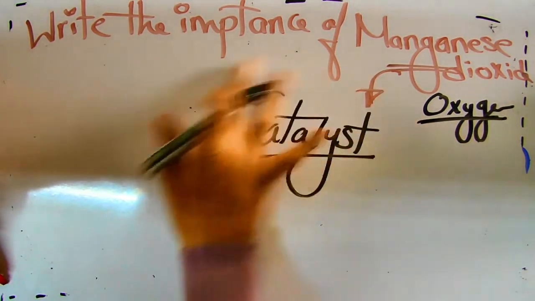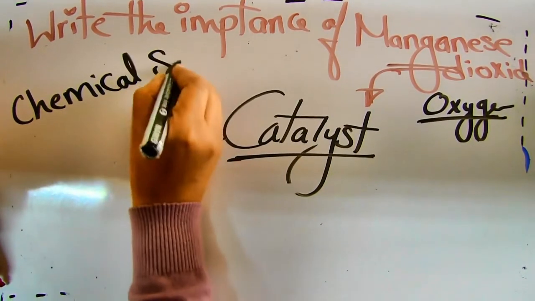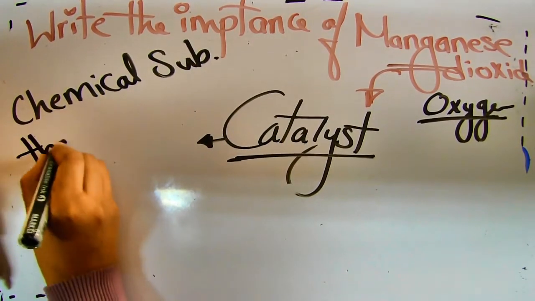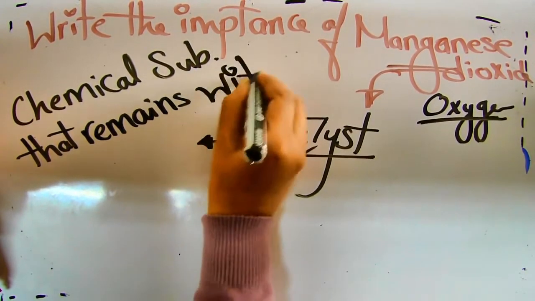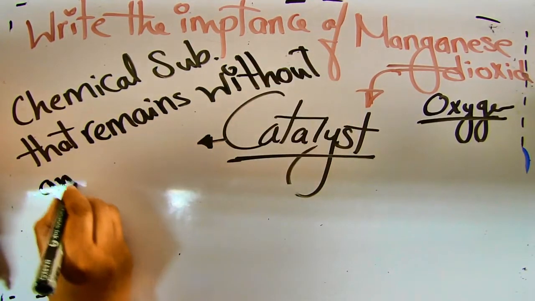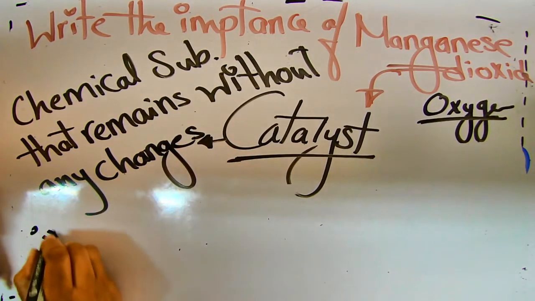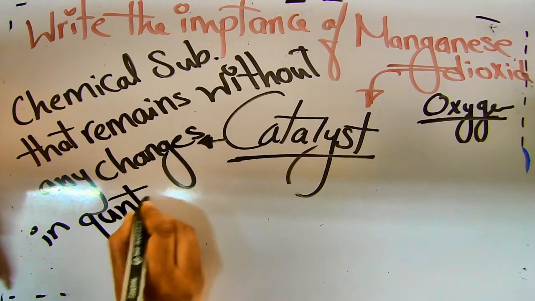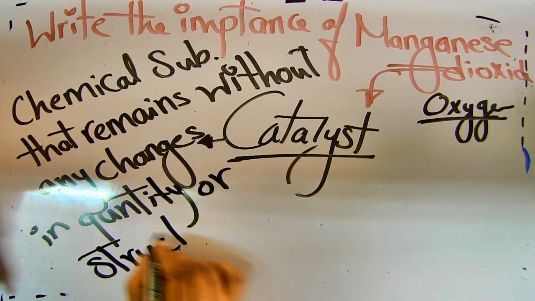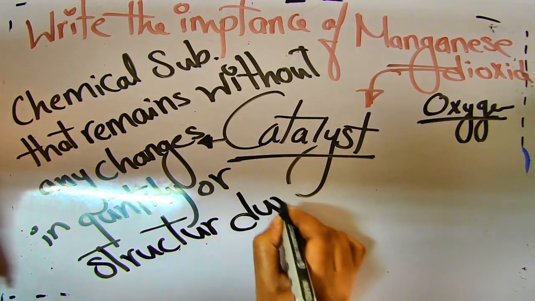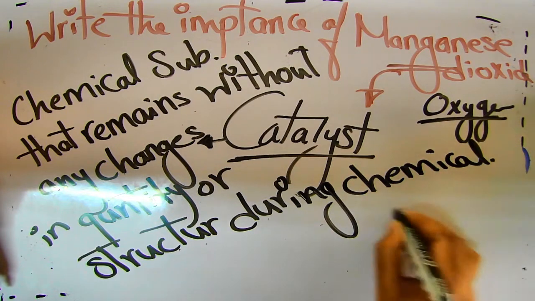What is the meaning of catalyst? Catalyst is any chemical substance that remains without any changes in quantity or structure during a chemical reaction.